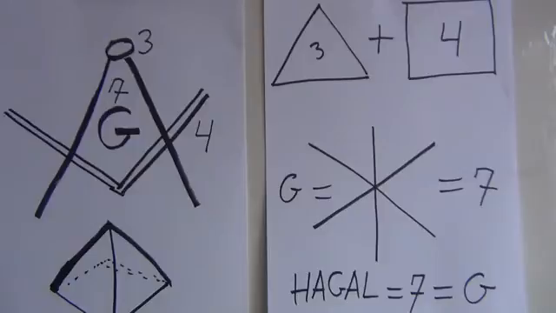And here Hagal, or Hagalaz, the mother of all runes, comes into place, because it's the 7th rune in the Futhark, as the G is the 7th letter in the alphabet. So in the symbol I filmed, around which I turn, Hagal is the G. So here we got everything: the G, the number 7, the number 3, the number 4, and the square and compass.